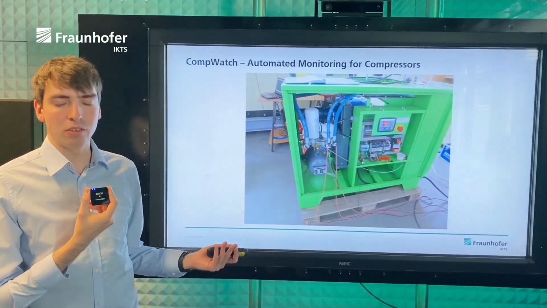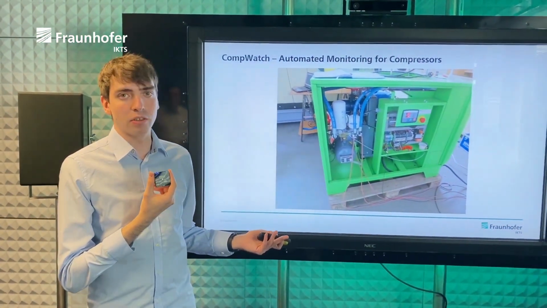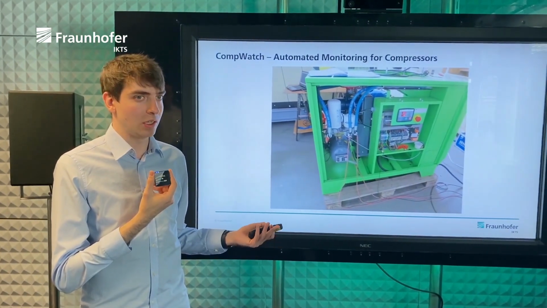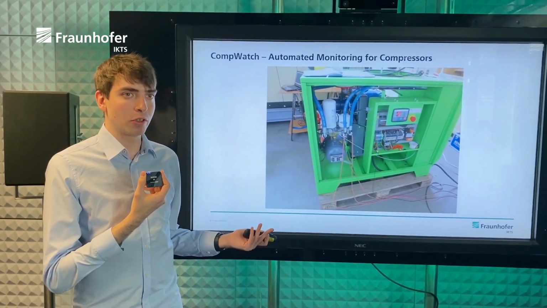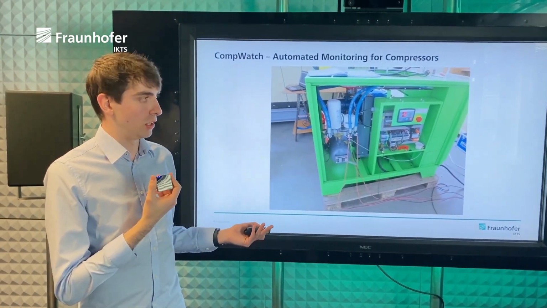This is in contrast to the preventive maintenance that's usually used, where there are strictly planned maintenance intervals and some additional work that needs to be done if there is any faulty behavior in between.